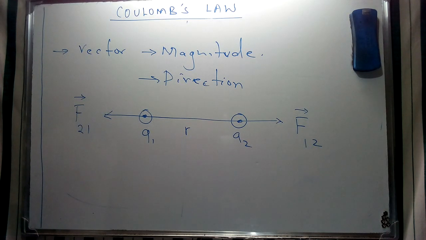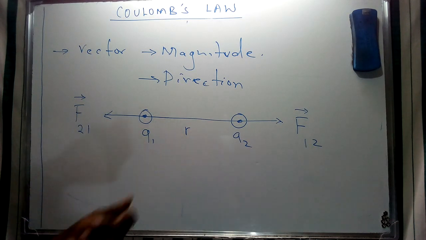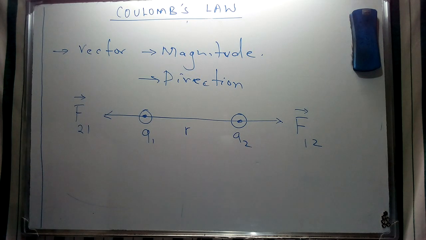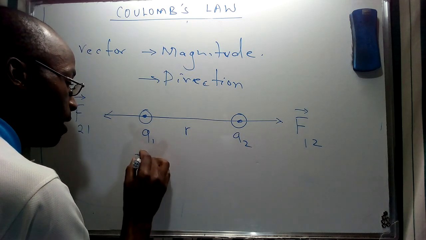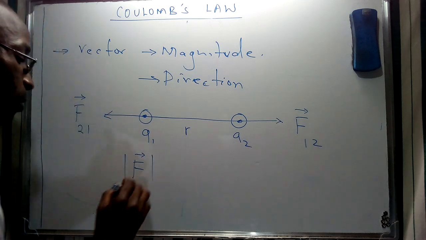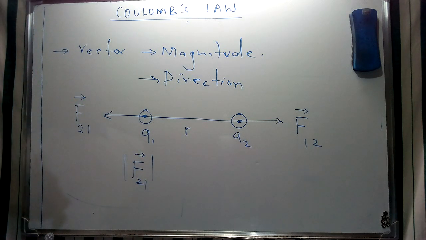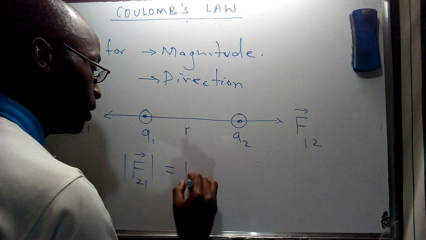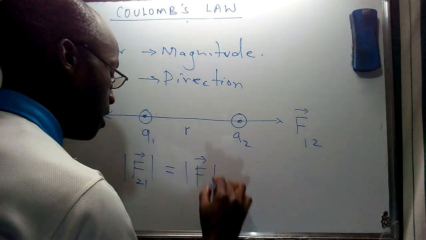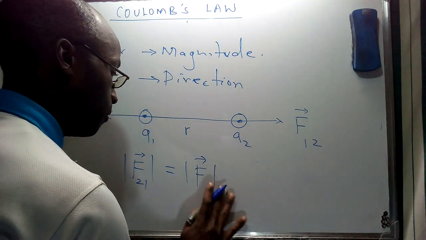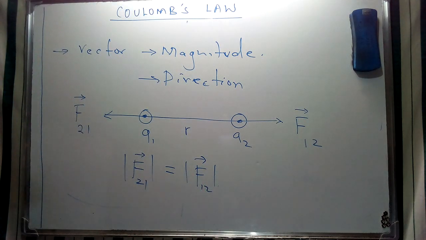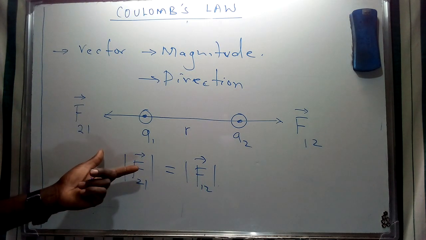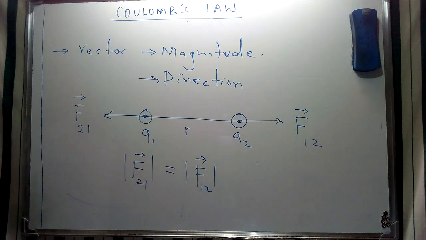In terms of this equation, we said these are uniform forces and therefore they are similar, so we can represent the relationship between these two forces as: the magnitude of the force of particle 1 on 2 is equivalent to the magnitude of the force of particle 2 on 1. This gives the relationship between these two forces experienced by that assembly of two particles.